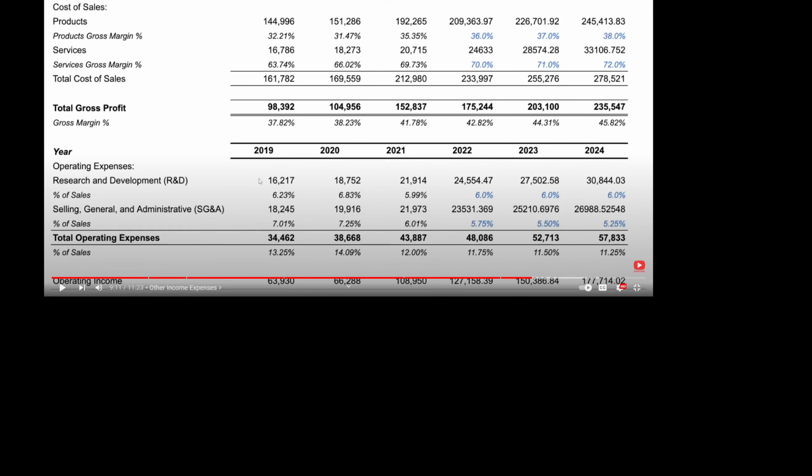Now, one thing I like is how they put all these things together here. When you normally look at an income statement, it's just going to have 2 years usually, and then if it's a quarterly report, just the last 3 months.